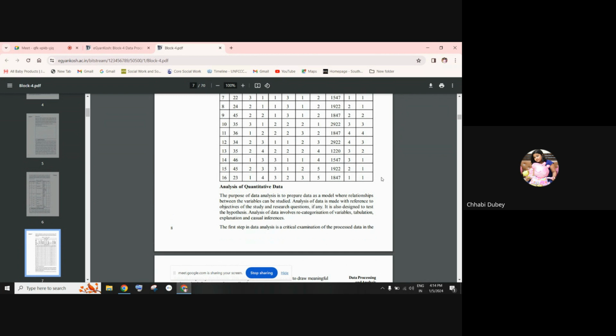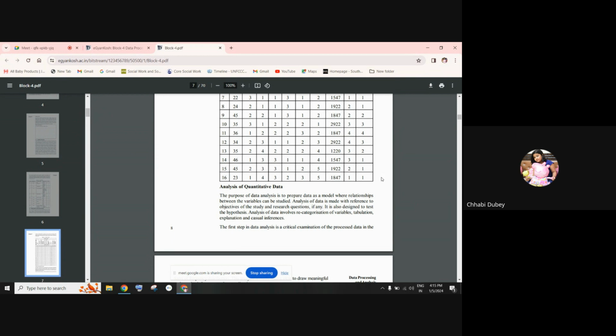Now, how does the analysis of quantitative data take place? The purpose of data analysis is basically to prepare the data as a model where relationships between the variables can be studied. Analysis of the data is generally made with reference to the objectives of the study and, of course, the research questions.